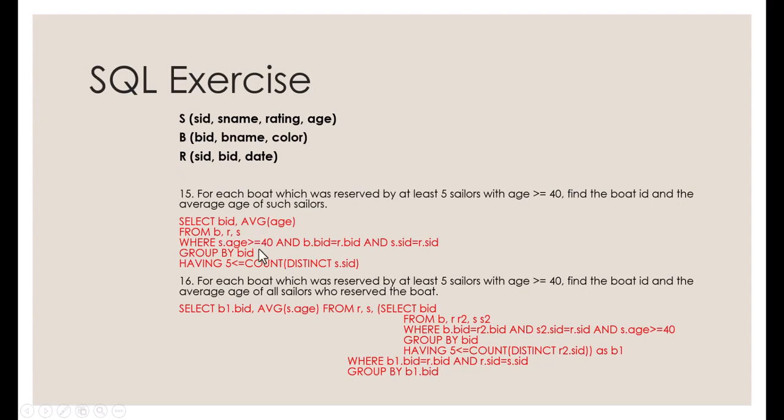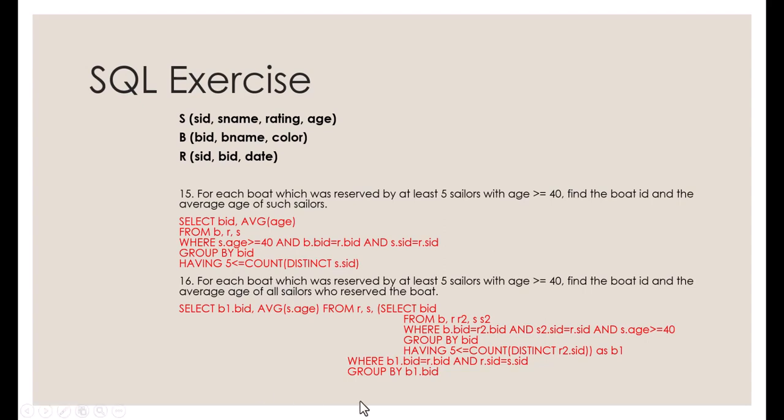Okay, where sailor's age is greater than or equal to 40. Okay, and we have these 2 conditions grouped by boat ID. And then the count of distinct SIDs is going to be at least 5. Okay, so here we are taking the average age of such sailors.